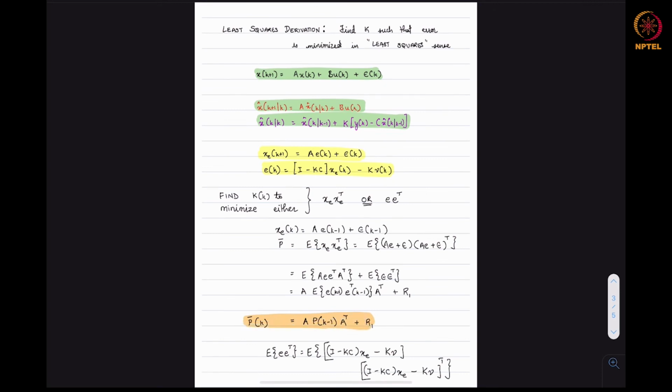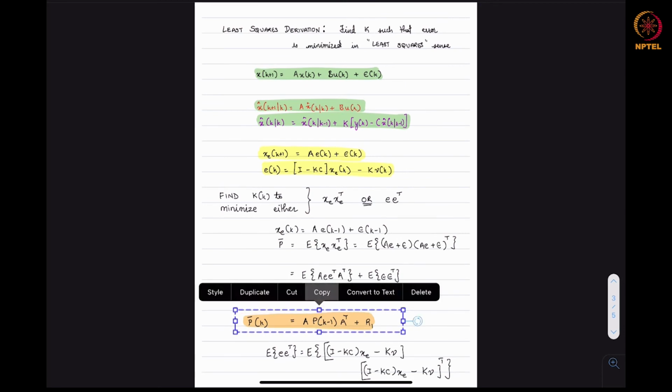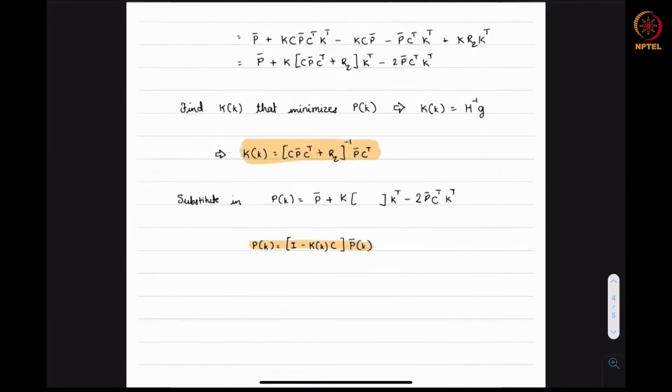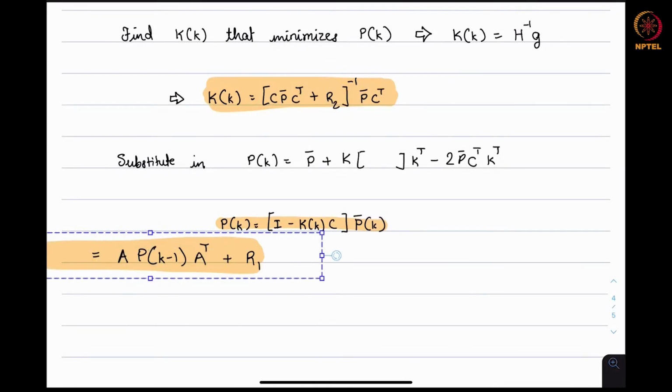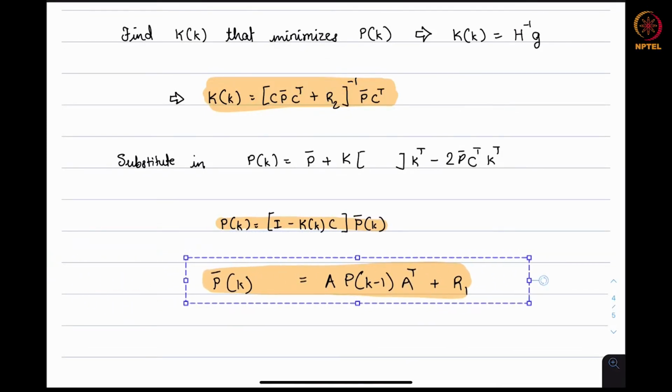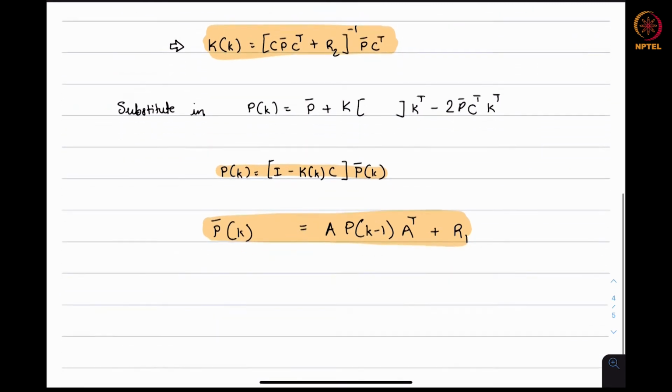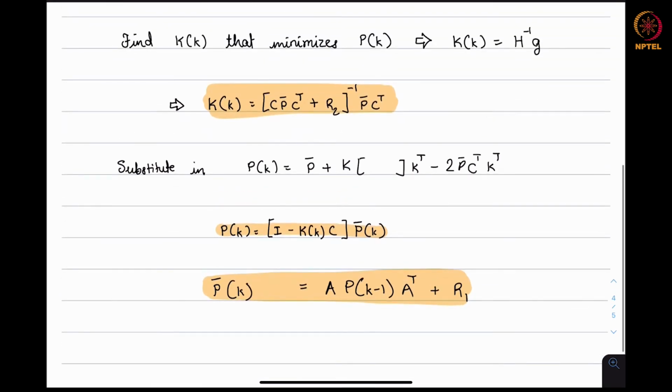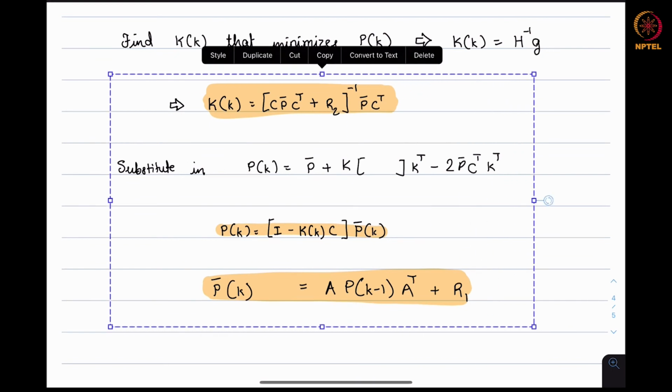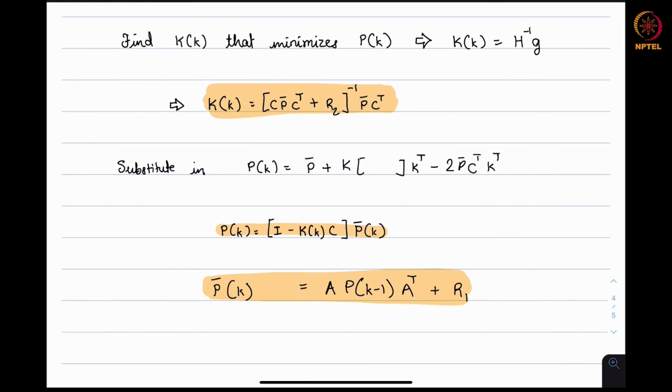Okay, so these are the three equations which are important. I will copy this equation and I will paste it over here. Okay, so these three equations are the ones that are important from the derivation of Kalman filter. So let's complete the derivation on the next page.